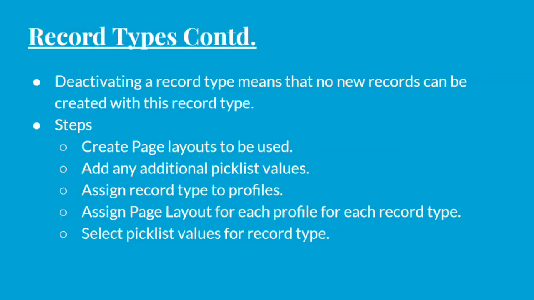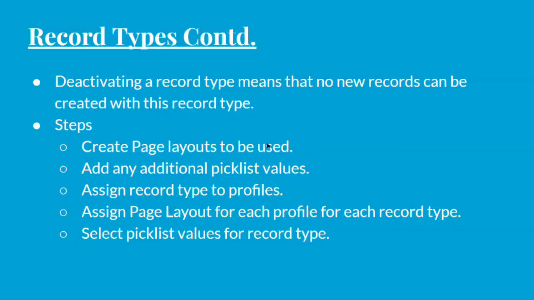And then you can select the different picklist values for different record types. So whatever additional picklist values you have created, and the existing ones, you can select which values should be visible under referral partner and which should be visible under school. So let's go ahead and create these different steps in Salesforce.